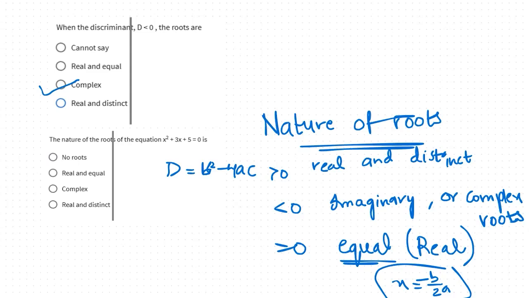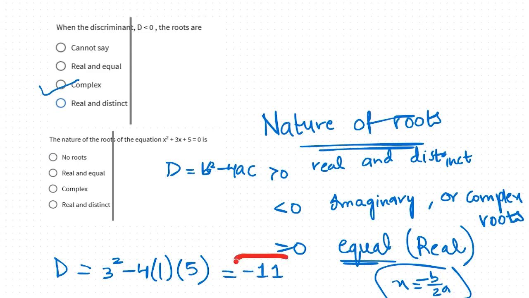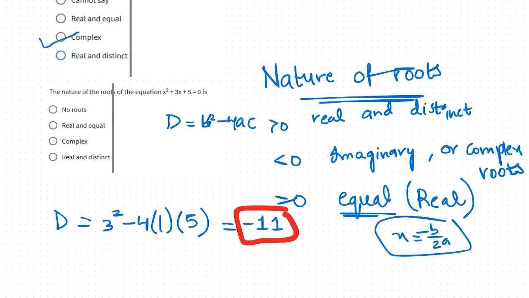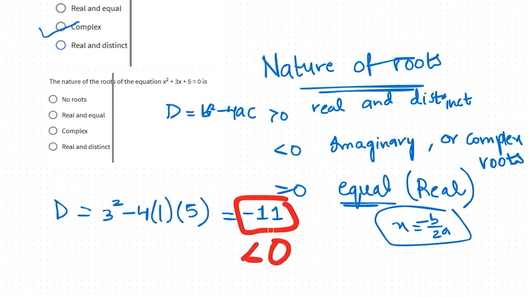So D is equal to 3 square minus 4 into A into C, which is 9 minus 20, so minus 11. Positive or negative? Negative. So the roots are imaginary or complex.